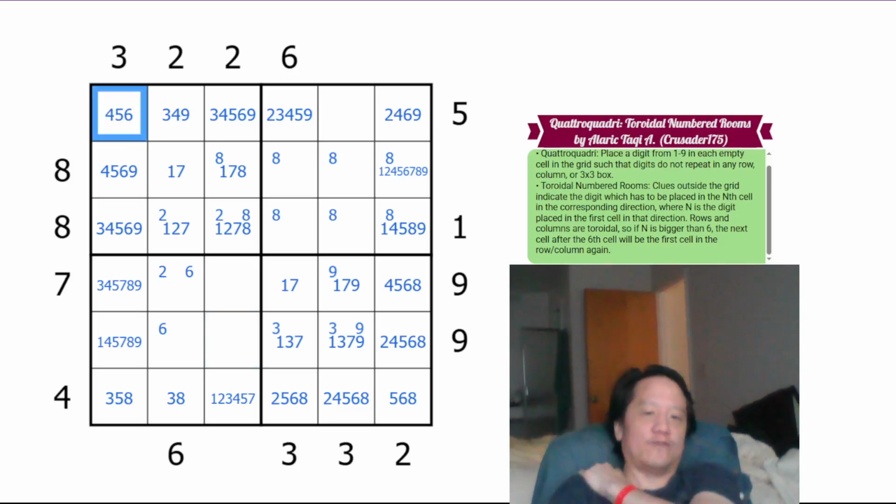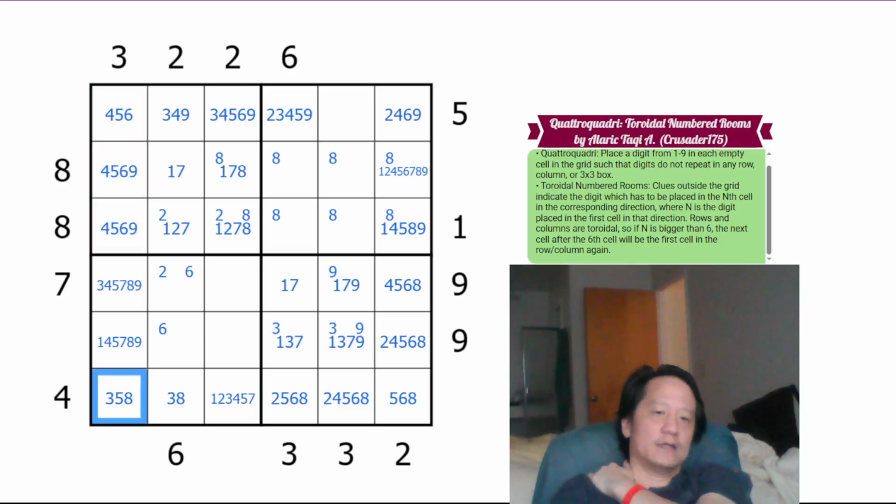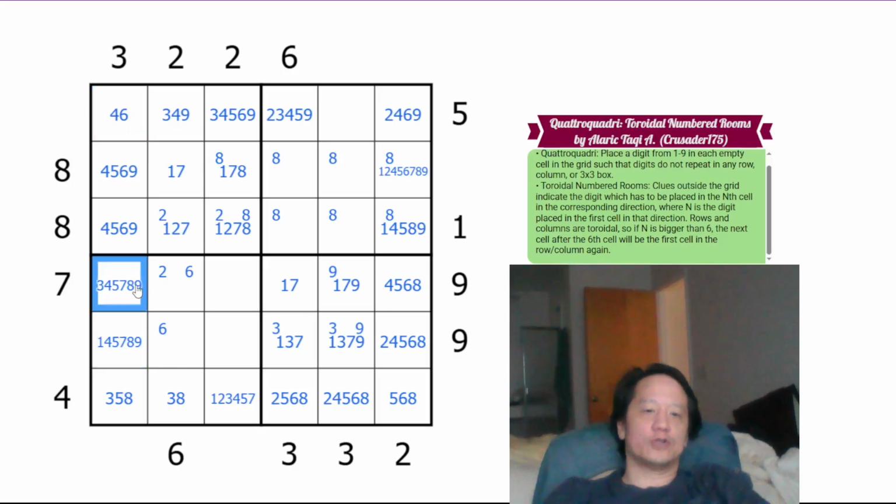This has to be 4, 5, or 6, which means this can never be 3. So 4, 5, or 6, so we need the 3 in 4, 5, or 6. This can't be 5 anymore. So the 3 in column 1 has to be one of these two digits, which means this can't be 3. This is 8. That means since this is 8, 8 can no longer be in the box.